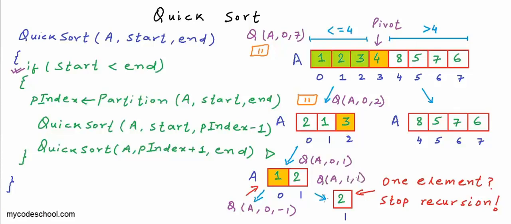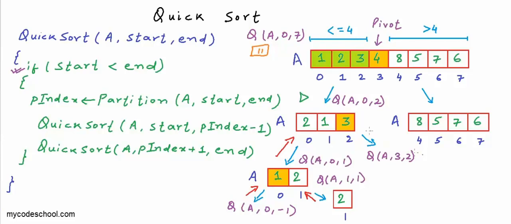Now once again for this, the start less than end condition will be false, so it will not partition, it will simply return, and now Q(A,0,1) will return, and now Q(A,0,2) will make another call to Q(A,2,3). Sorry, Q(A,3,2), it has to be pIndex + 1 till end. Once again this is an invalid segment, so this will simply return, and now Q(A,0,2) will return.